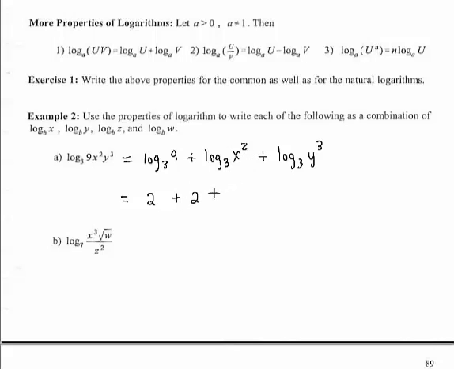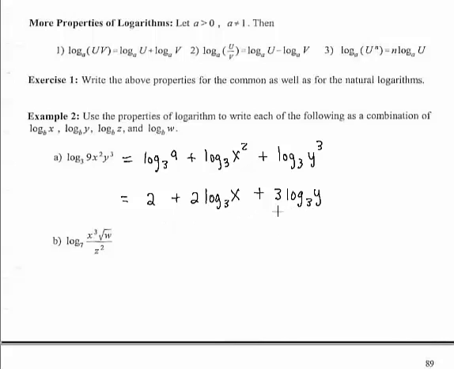So the exponent 2 would come to the front, and it would multiply log 3 of x. And likewise, y has an exponent of 3, and we could bring the exponent down in front of the log, multiplying the log 3 of y.